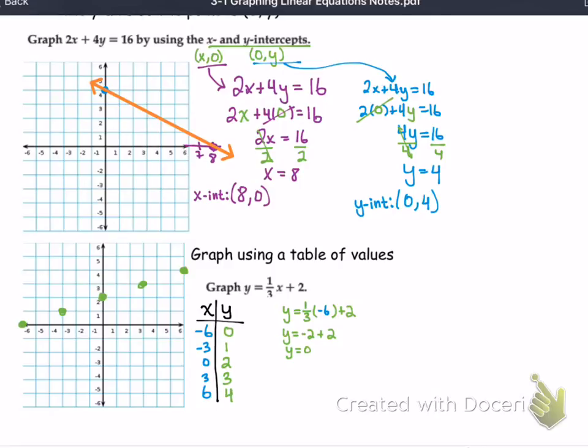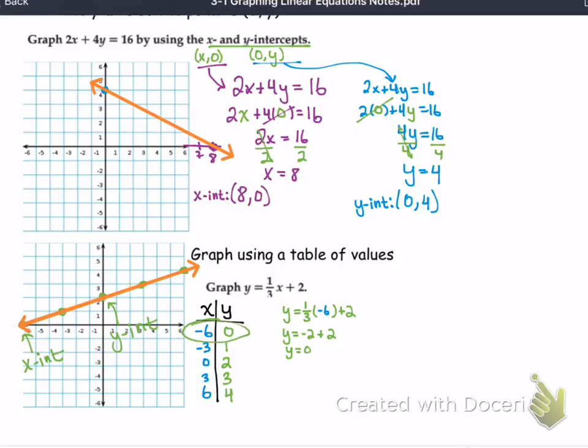So I have my 5 points, and I'm just going to connect these points using a line. So that's another way to graph it. If you notice, this is actually my y-intercept, and this is my x-intercept based on the graph.